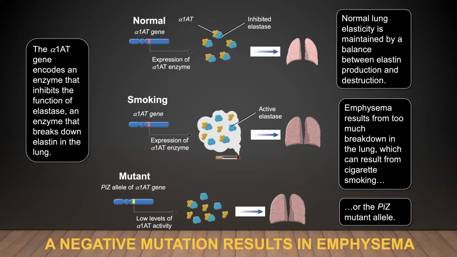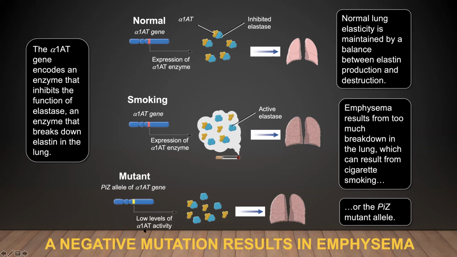My grandpa actually had this, and it basically destroyed his life. So if you know anyone with emphysema, it's very, very difficult to breathe. Another one is this mutant form of the alpha-1AT gene called PIZ, all right?